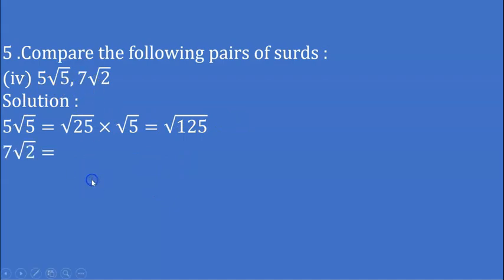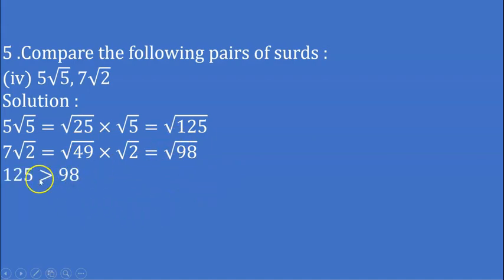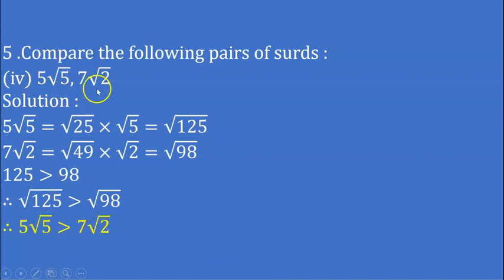Second, 7 root 2. Here 7 can be written as root of 49 into root 2. Again root of 49 into 2 means root of 98. Now here 125 is greater than 98, but root of 125 means 5 root 5, and hence 5 root 5 is greater than 7 root 2.